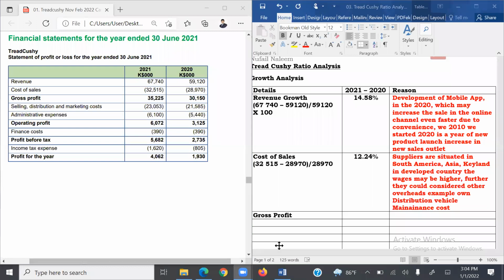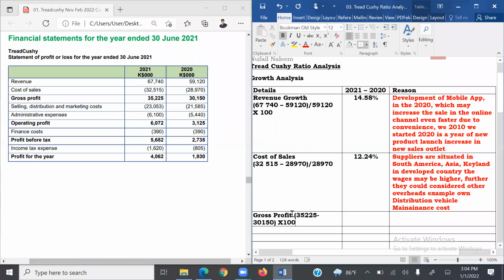Thank you very much. Coming to the gross profit, students, if you observe, 35,225 minus 30,150, multiplied by 100. Let's work on the gross profit as well. It's not so complicated. Let's do the change in the gross profit. I need to divide it by 30,150 and multiply by 100.